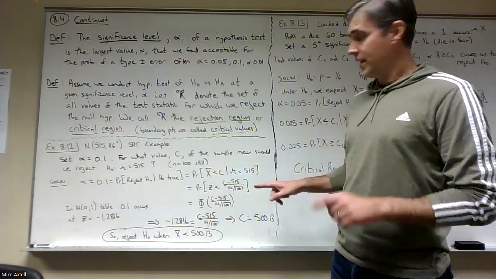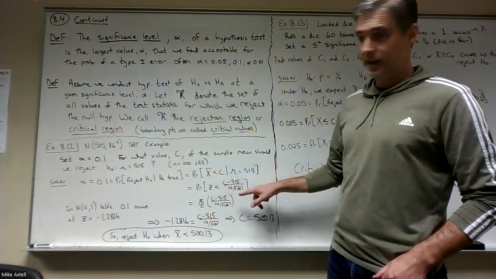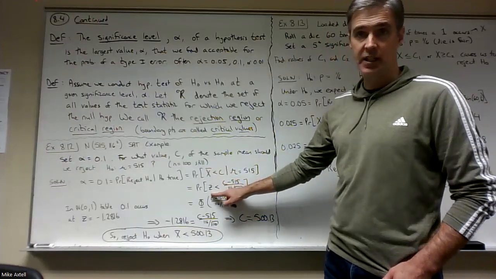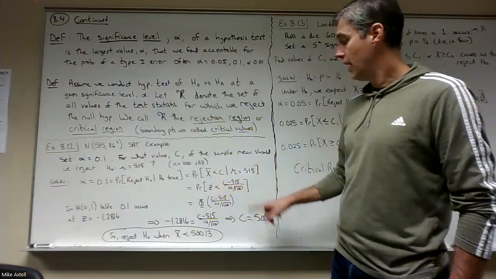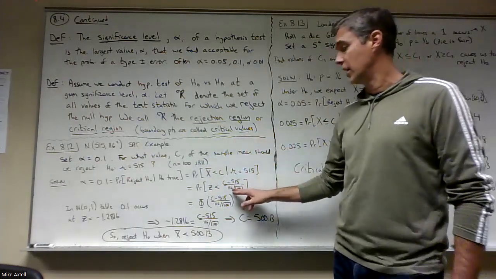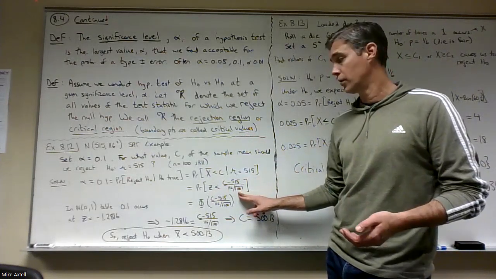Now, I can then subtract the mean of 515 and divide by the standard deviation on both sides. The left side becomes Z, just as it did in the previous video. And the right side becomes C minus the mean of 515 divided by the standard deviation of 116 over the square root of 100, because again, we're sampling 100 student scores.